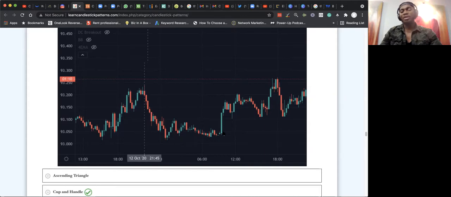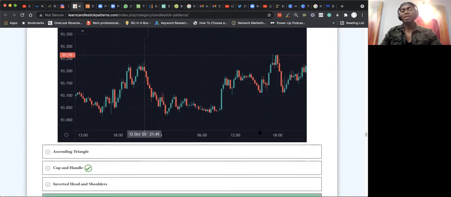There's clearly a rounded bottom here and an immediate long bullish candle, a distribution, another long bullish candle that bounces off the resistance, drops down to a newer low before it rallies up again to the previous resistance. So we're looking at the cup right here and a handle.